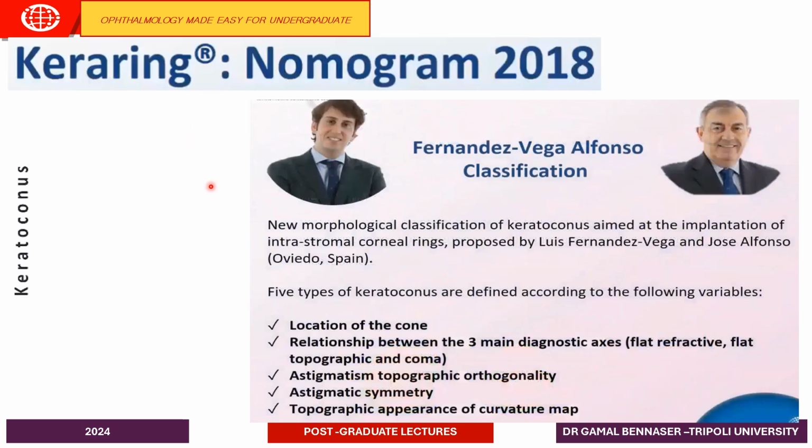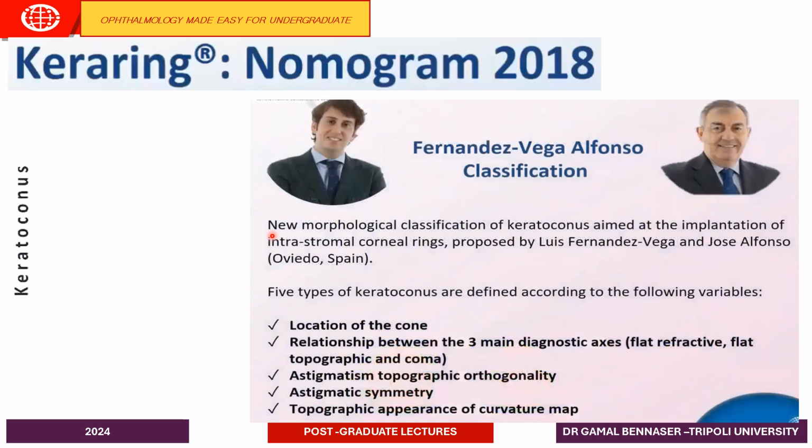This nomogram or classification is named the Ferrara and Alfonso classification, done by these two doctors from Spain. To apply the nomogram, you need to do refraction and determine the topographic axis and coma axis and all the information that I have mentioned before. Nowadays everything is available online.